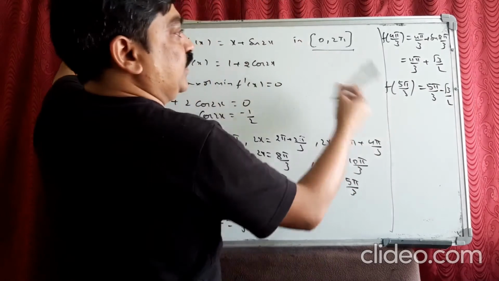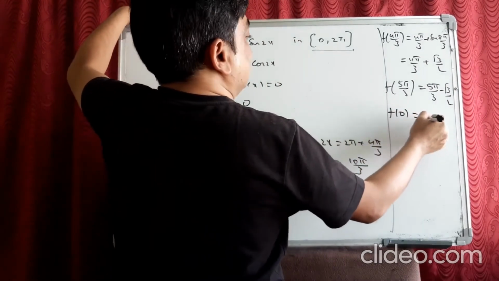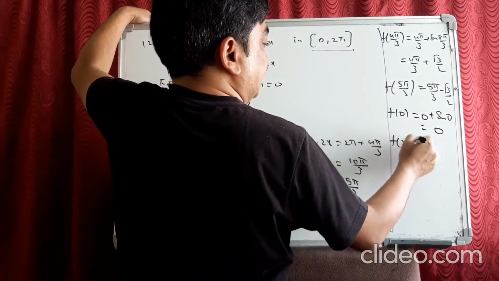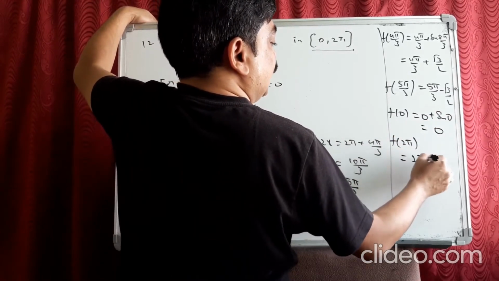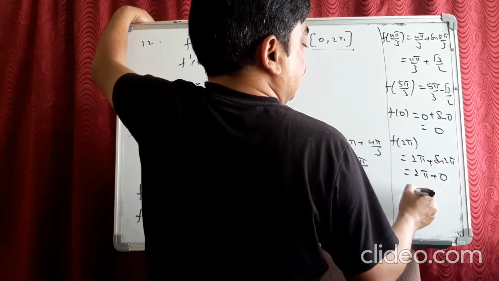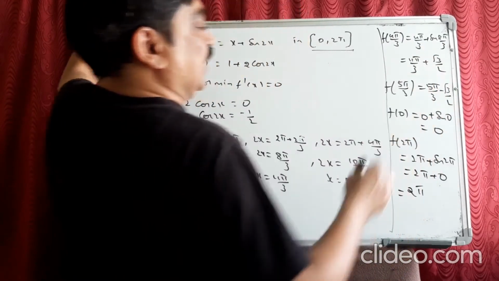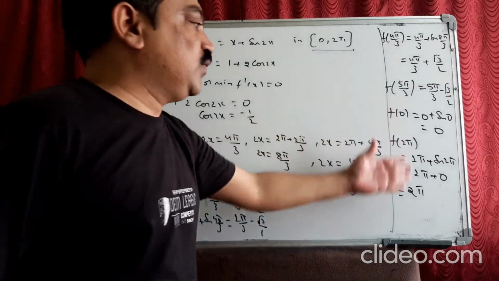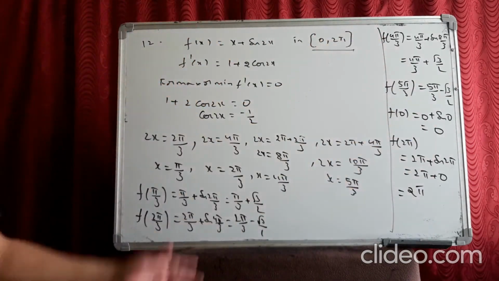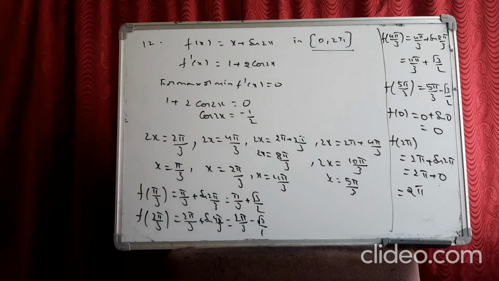And whatever is left, f of 0 is 0 plus sine 0, which is 0. And f of 2 pi is 2 pi plus sine 2 pi, 2 pi plus 0, it is 2 pi. So the minimum value is 0, the maximum value is 2 pi, but these are all less than 2 pi only. When you check it carefully, you can understand. Okay.